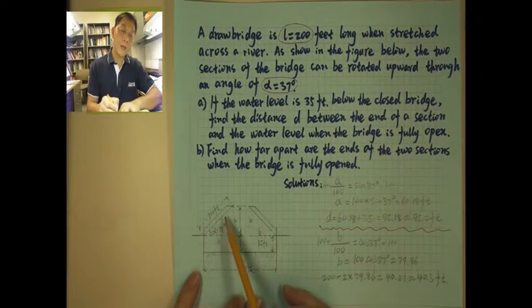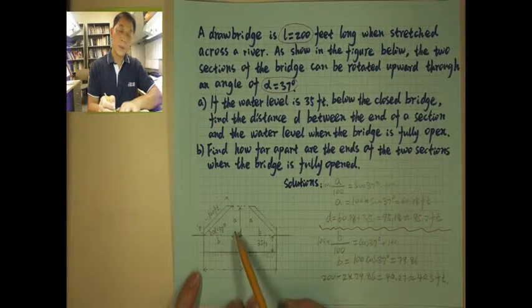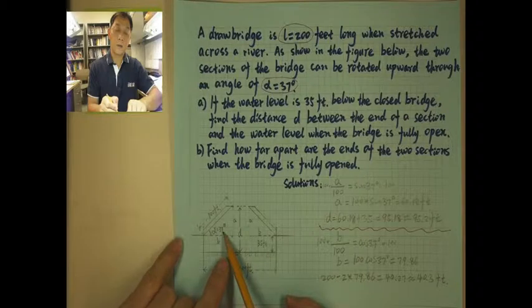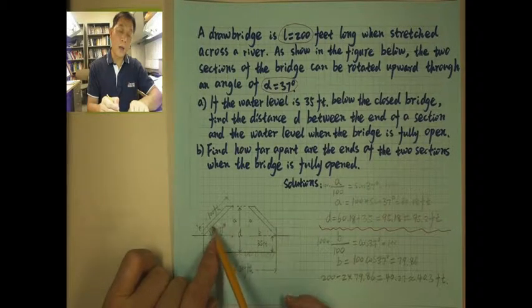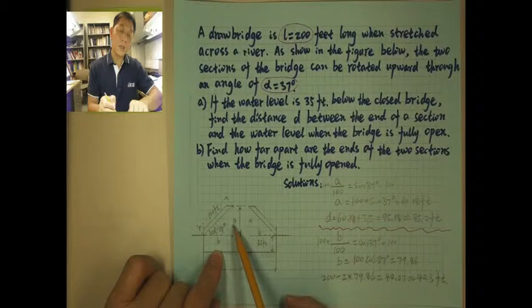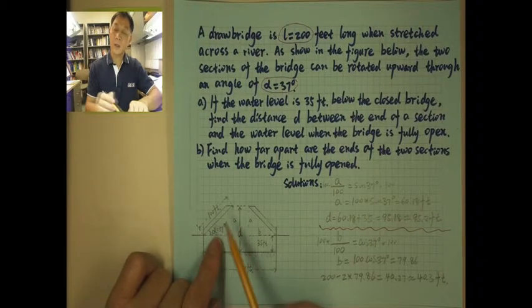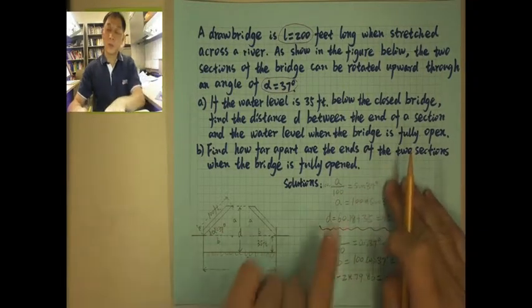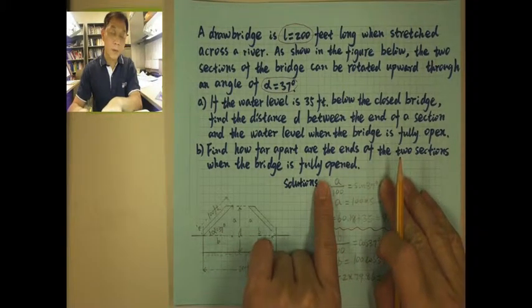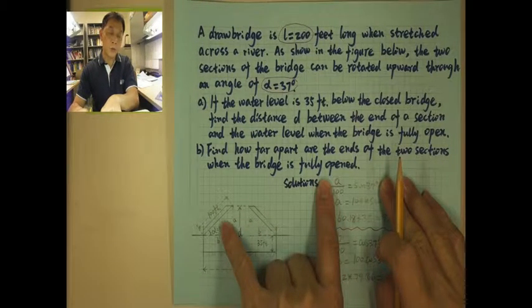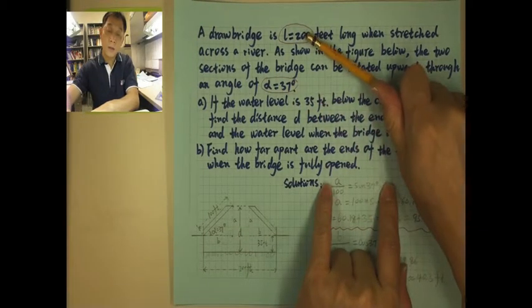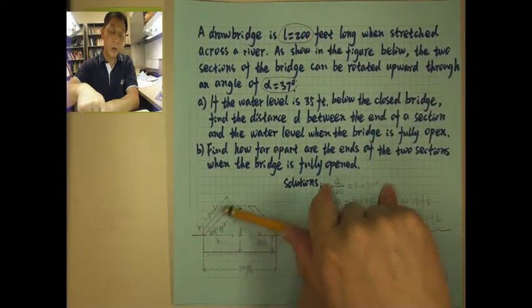Now, if you look at this triangle, A is the opposite side of 37. A over 100 feet, that's opposite side over hypotenuse. A over 100 is sine 37 degrees. 37 is given, and then this side is 100.